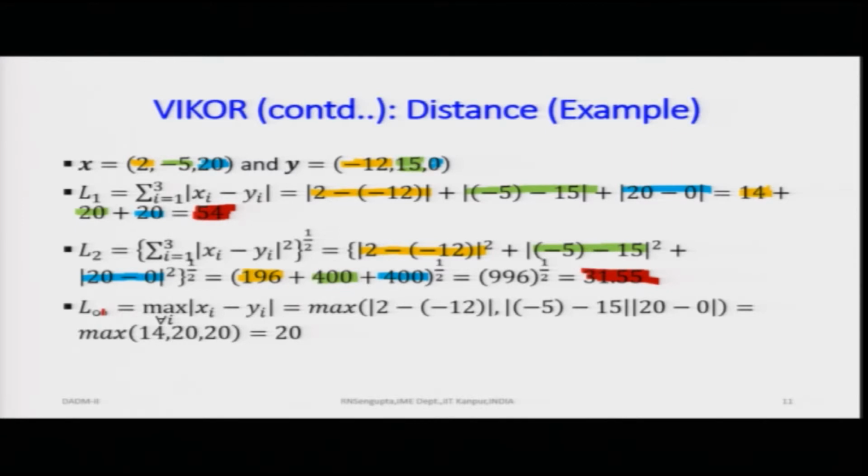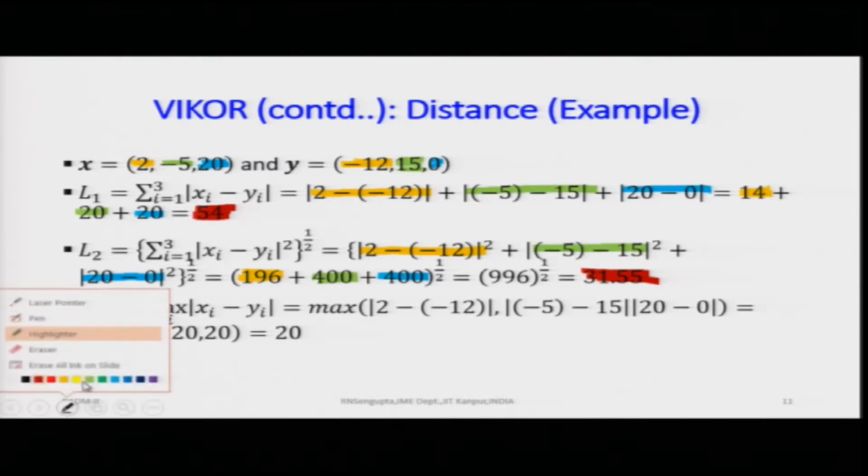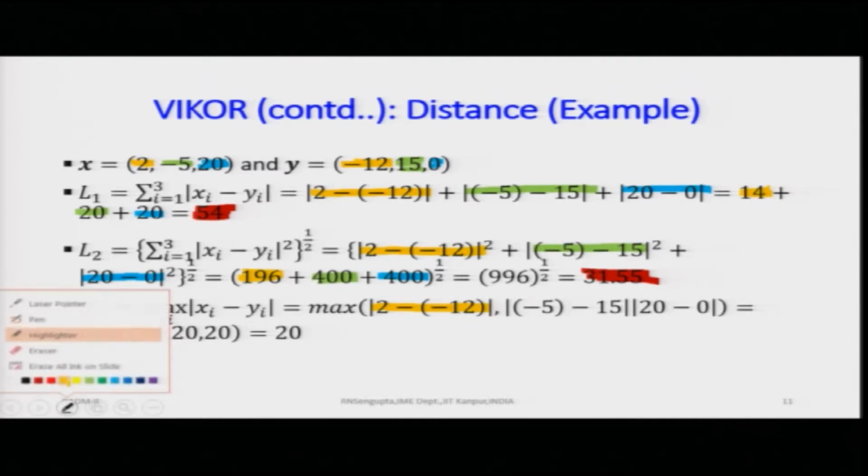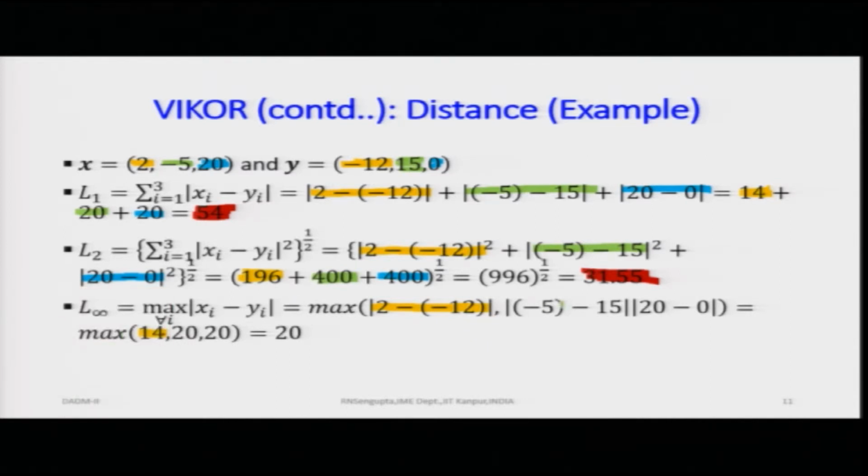Now, let me come to the L infinity norm. Again I use the same color scheme. For x direction movement, 2 and minus 12, the mod of 2 minus minus 12 is 14. Then the second value is green in color, which is minus 5 minus minus 15, which is 20.